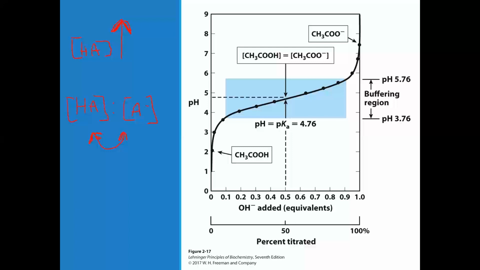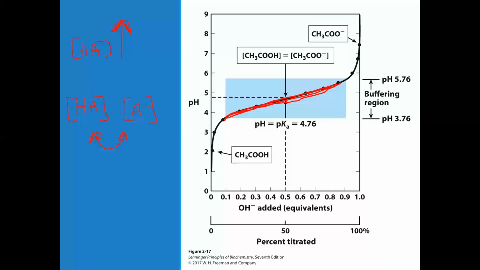So it allows us to quickly deal with a pH change, quickly deal with some H plus or some OH minus that has been added to the system. And that's why right around here, even though we're adding more OH, the curve seems to kind of flatten out. The pH doesn't really change that much. So that's right around good buffering capacity, around a pH of 4.76.